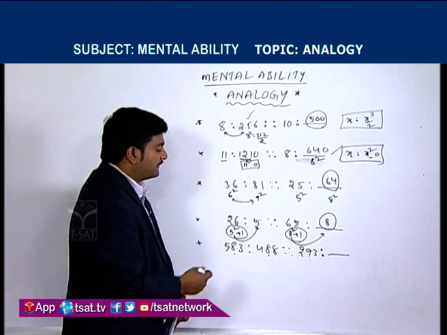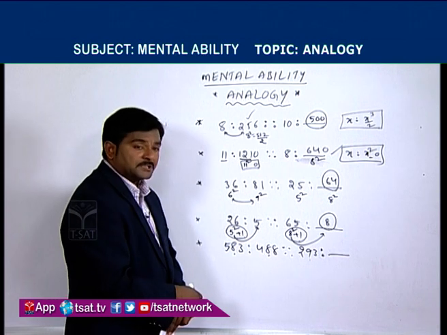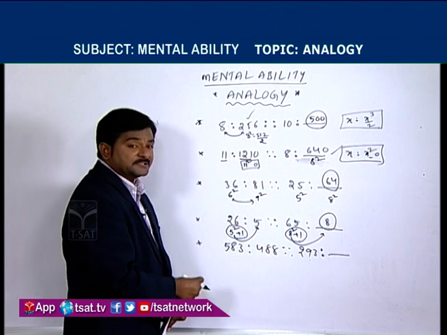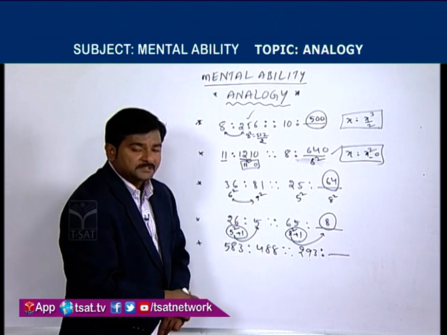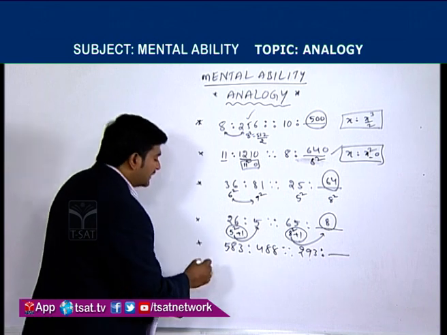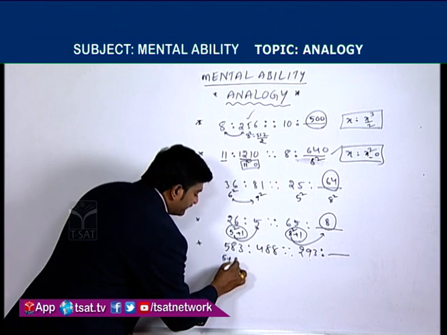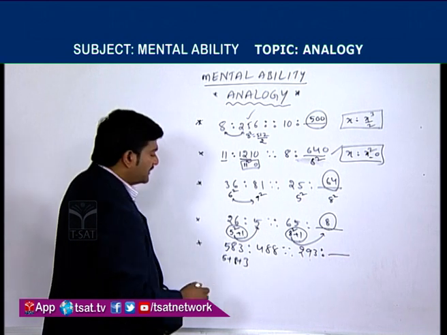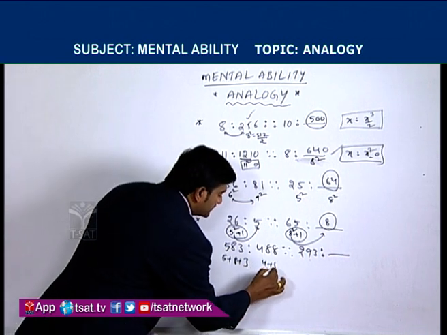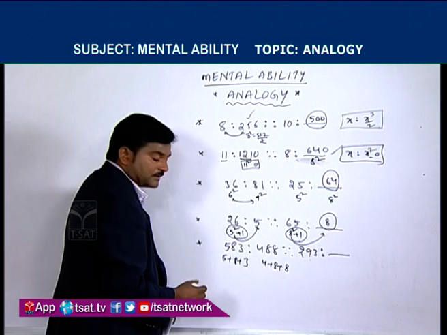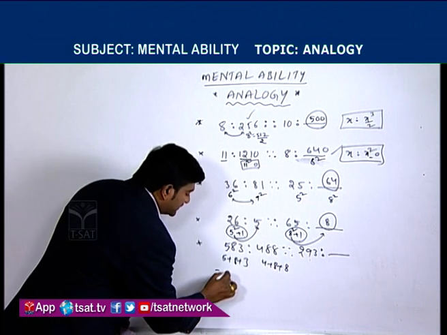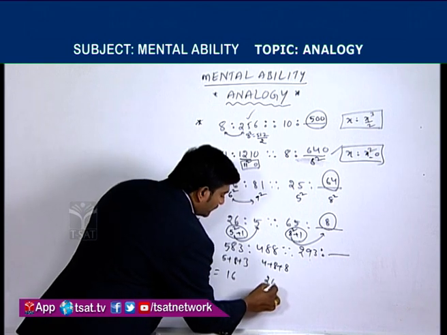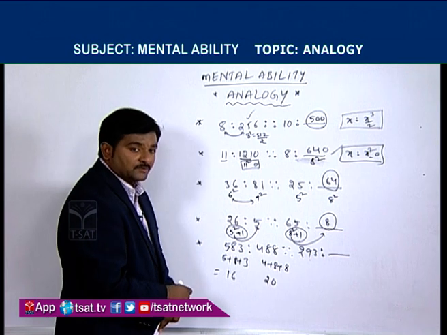Now one more way of doing this question. Let's find the sum of the digits in the given number. Here, 5 plus 8 plus 3, and similarly 4 plus 8 plus 8. 5 plus 8 plus 3 gives 16, and 4 plus 8 plus 8 gives 20.